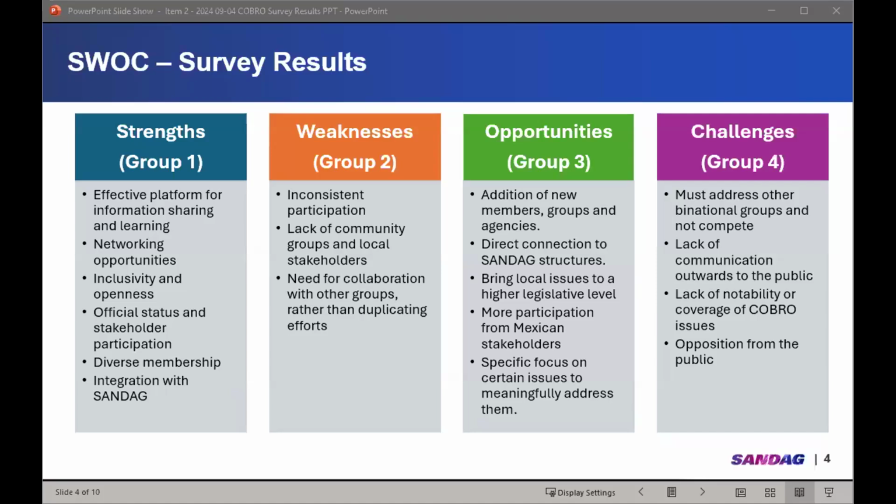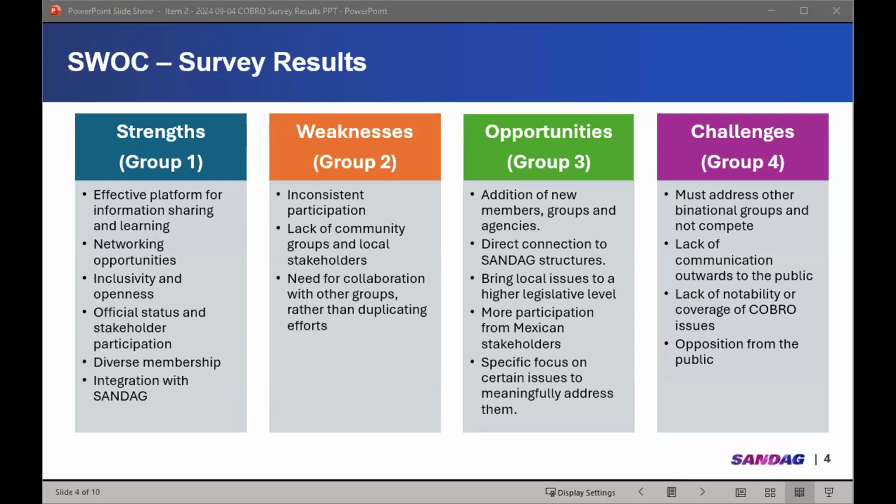Thank you. Yeah, it's an important distinction, because without COBRO being a designated SANDAG working group, I don't think it would show up on a process flow chart as it pertains to getting input from every level of policy group or working group.